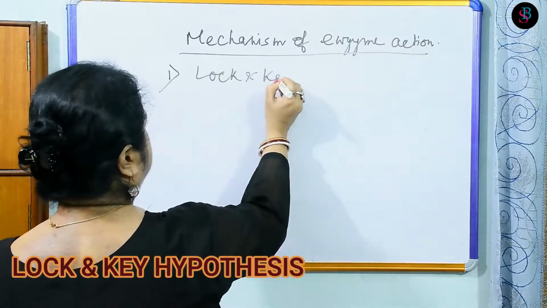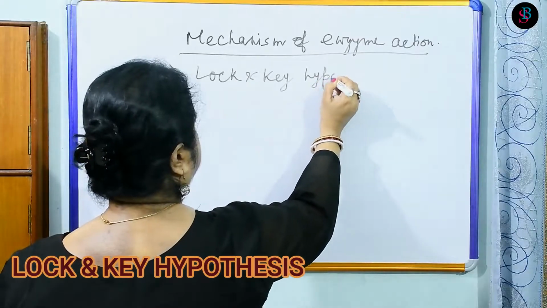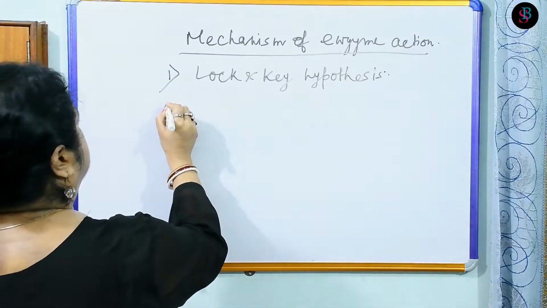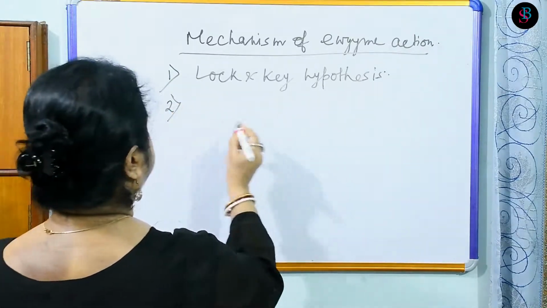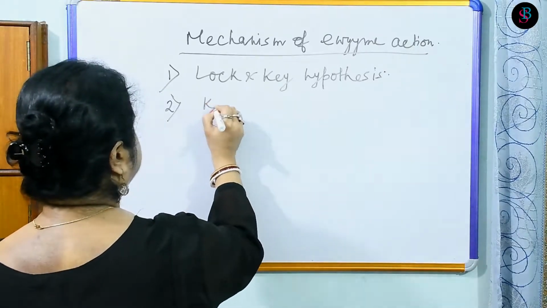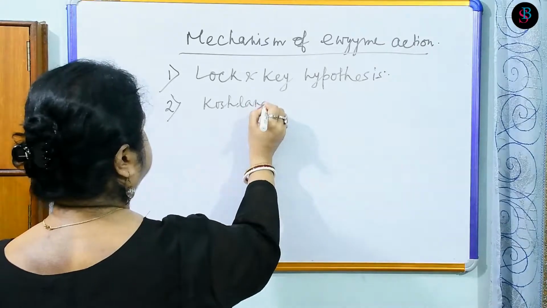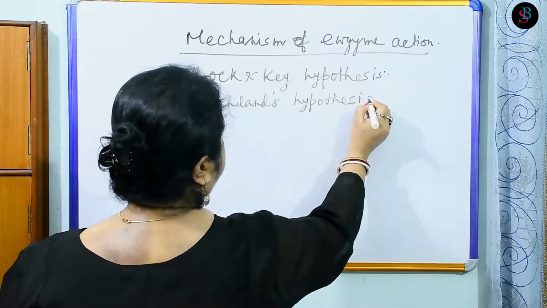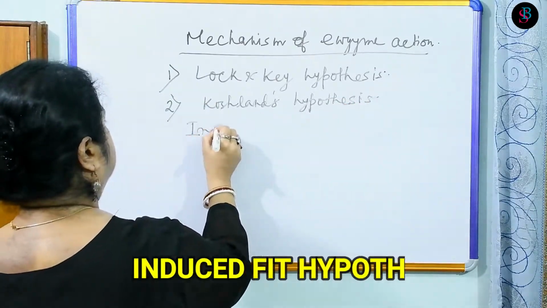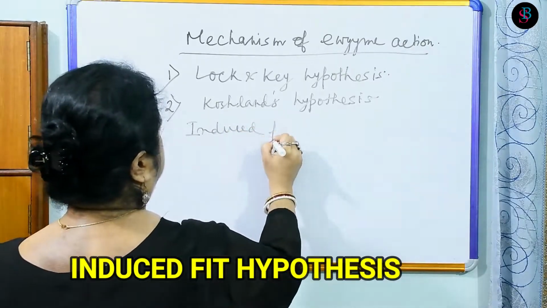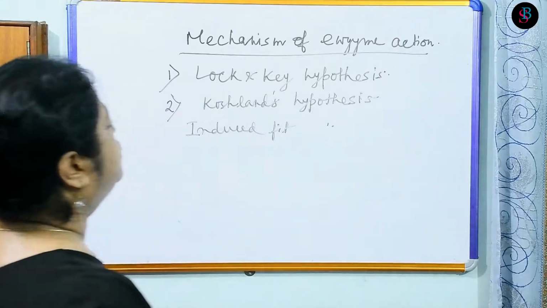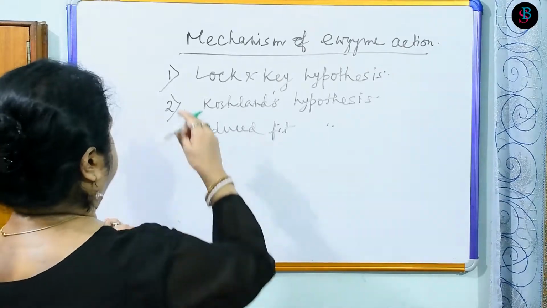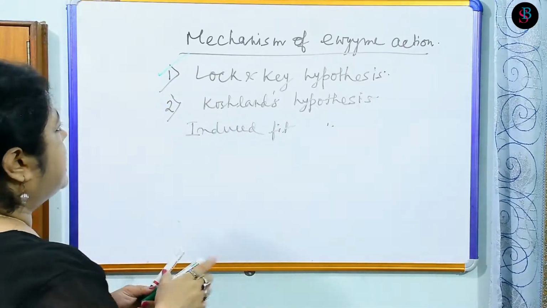Number two is Koshland's hypothesis, which is known as induced fit hypothesis. So two main hypotheses are there, lock and key hypothesis and induced fit hypothesis. This one I am describing first.